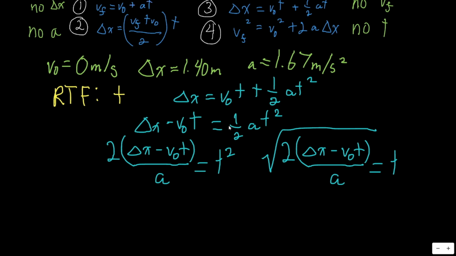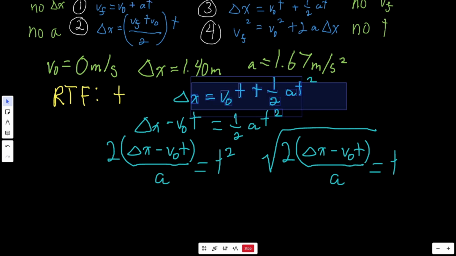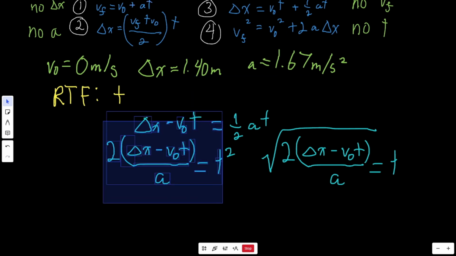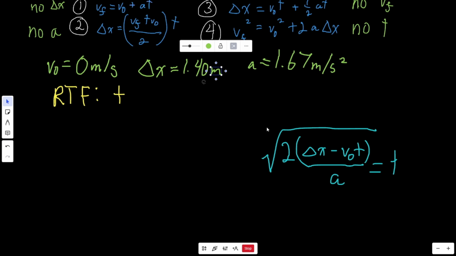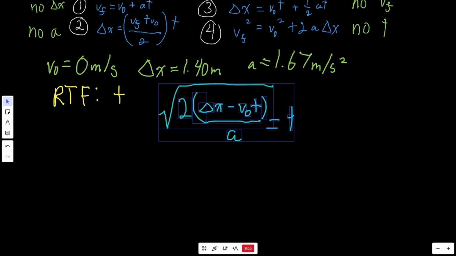So instead of a over 2, it will become 2 over a multiplied by the numerator. And since the numerator is just a set of terms, it's going to be 2 times delta x minus v0t over a. And since the right side is still squared, we have to get the square root. Okay, so now let's remove these excess solutions. And now let's just use this running equation.